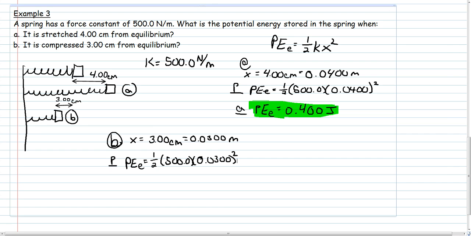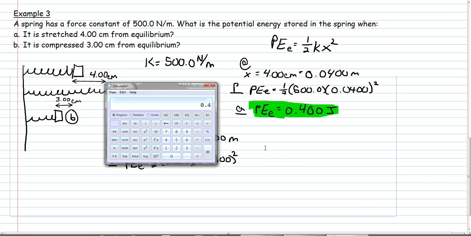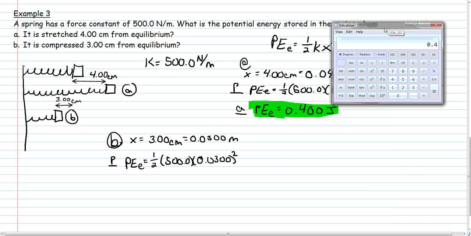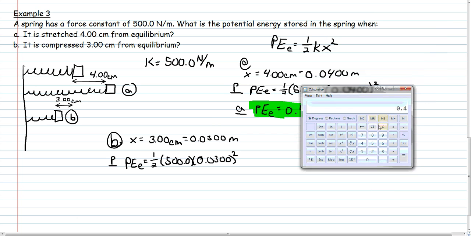So let's pull up the calculator. And now let's clear it. I'll type in 0.5, which is the half, times 500.0 times 0.0300, and I want to square that. So I'm going to click the square button and then the equal button.